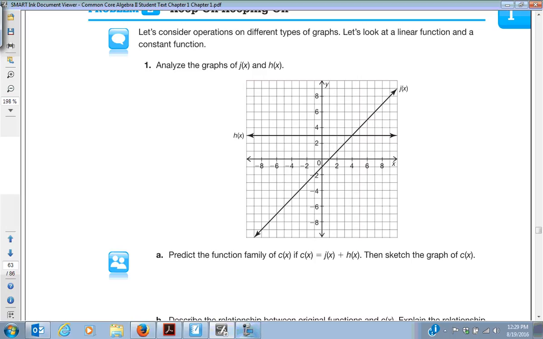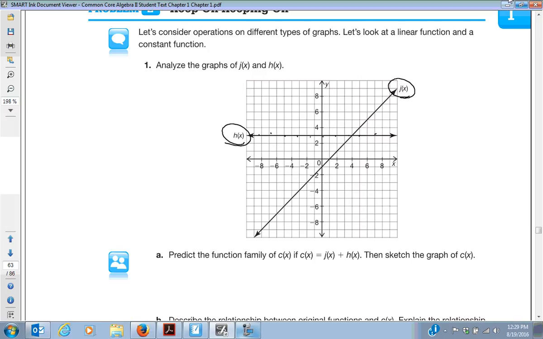Alright, so let's look at this one. What would happen if I have a linear function? j of x is linear, right? h of x is linear, but what is h of x? It's horizontal, which means it's going to be constant, right? What's my y value every time on this line? So what am I going to be essentially adding to j of x?